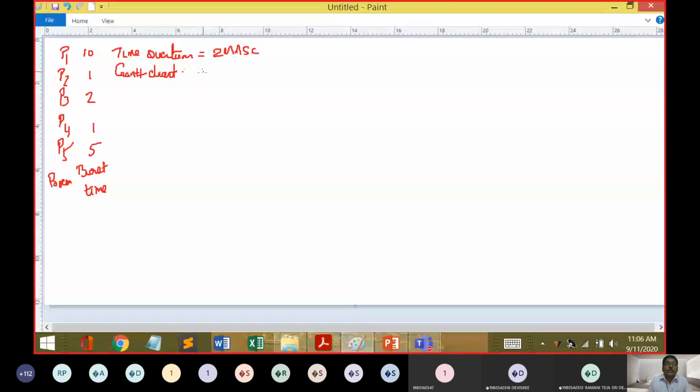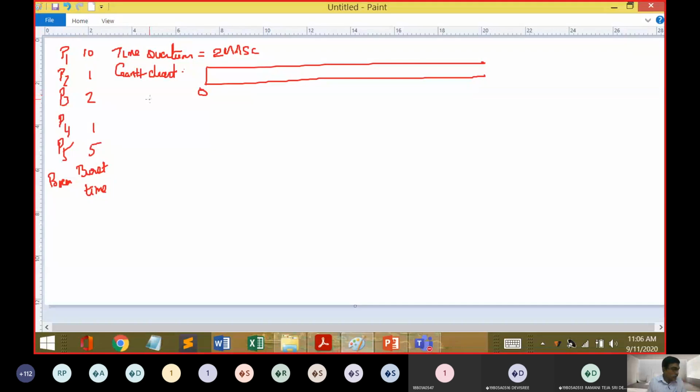This is the Gantt chart. It starts at 0, and now P1 is there.